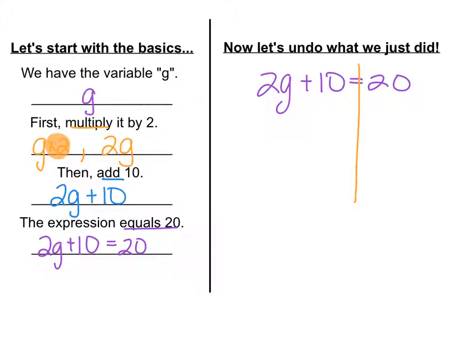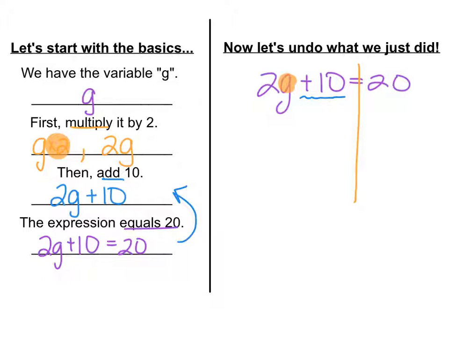So I draw my line, and I'm going to highlight my variable. And when I highlight my variable, what I'm really trying to do is that clump with my variable, I have to get it by itself first. So notice if I would work backwards, I added 10. That was my last thing I did after it was equal. That's the first thing I'm going to undo.